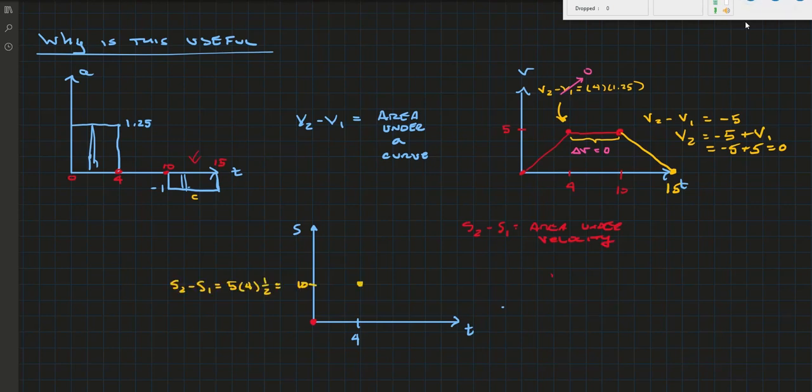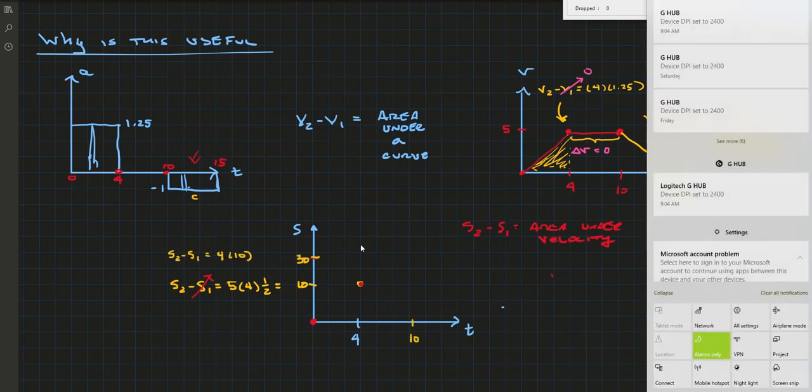And S2 minus S1 equals 5 times 4 times 1/2, the area under this curve here. And looking here, we see that S1 is equal to 0, so our change is just 10, and I've got it plotted right here.